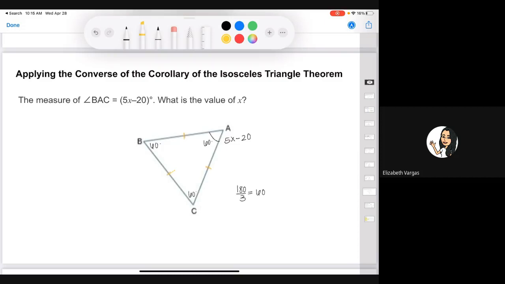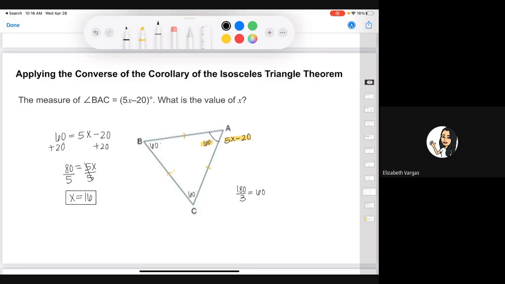What this is telling me is angle A is not only equal to 60, but it's also equal to this equation, so I can put those equal to each other. And so therefore, x is going to be equal to... so 80 equals 5x, divide by 5 on both sides. X is equal to 16.